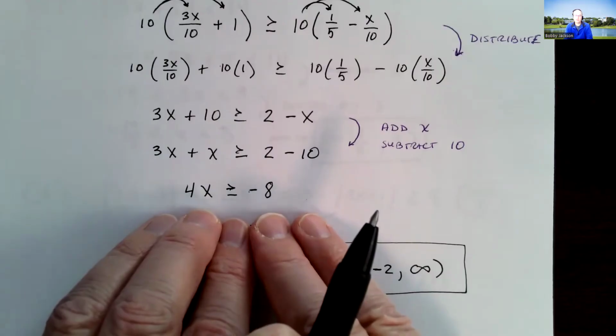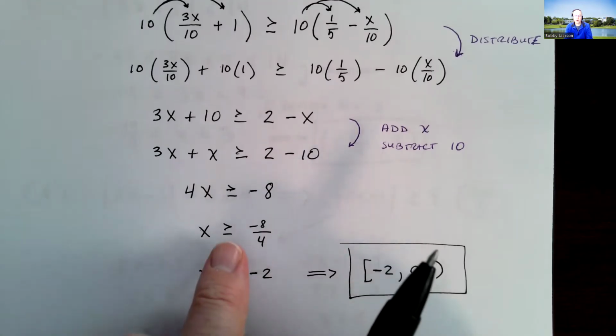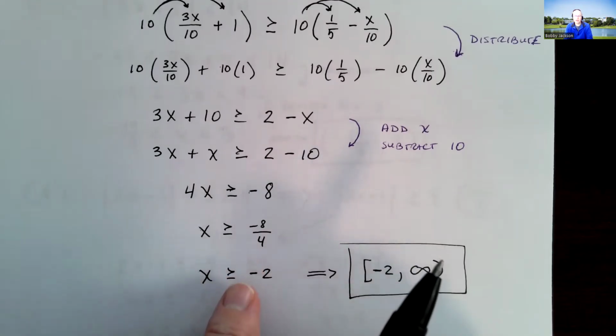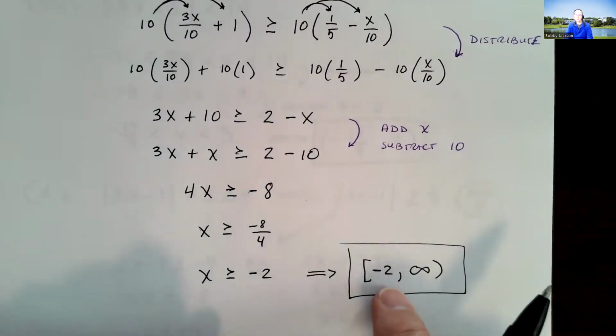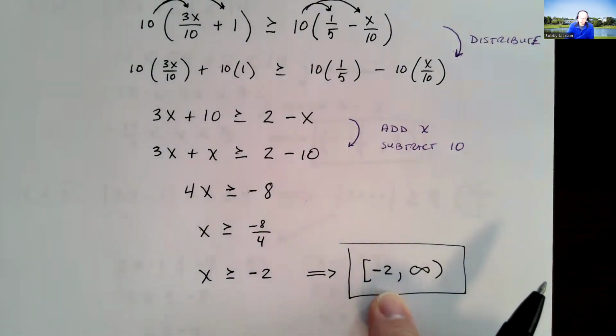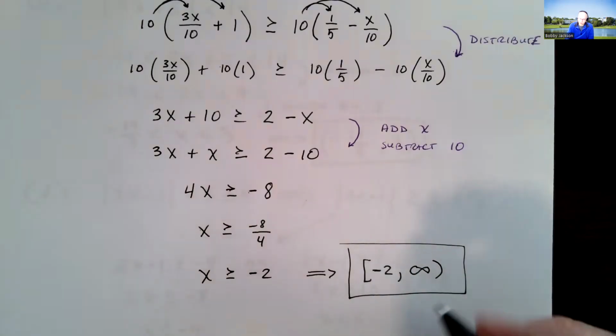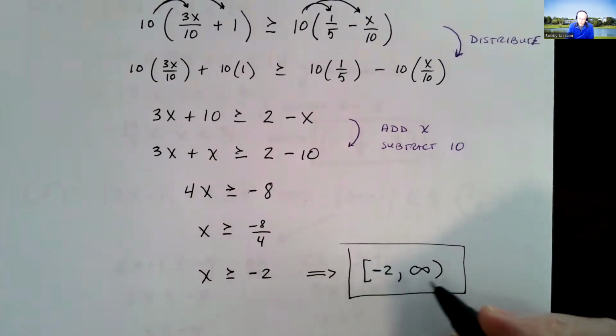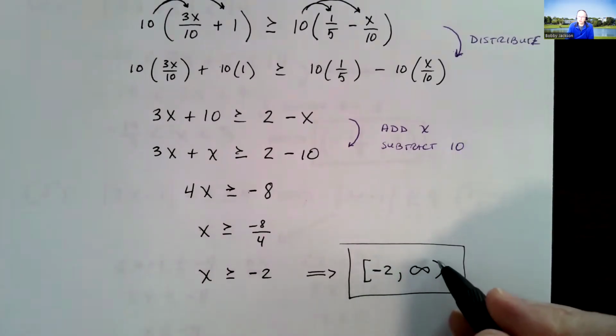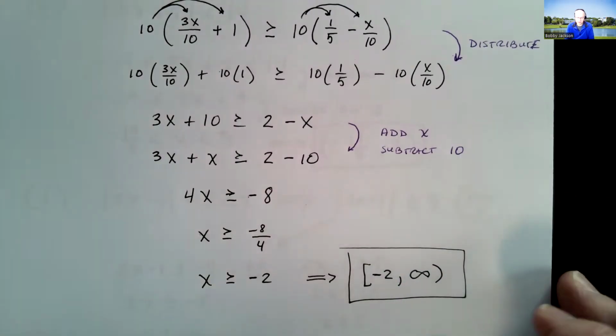To solve for x, I divide by 4. Since I'm dividing by a positive number, the direction of the inequality does not change, and -8 divided by 4 is -2. So my solution is all values of x greater than or equal to -2, and we write that in interval notation. So everything greater than or equal to -2, the left endpoint is -2, which I include, bracket. There is no right endpoint, so I use this infinity symbol, and we always have a parentheses there.